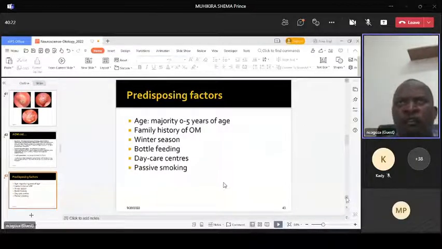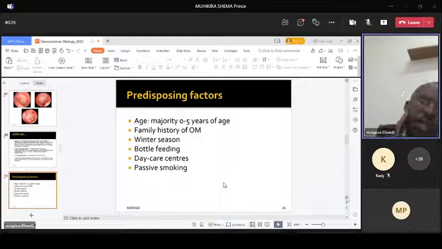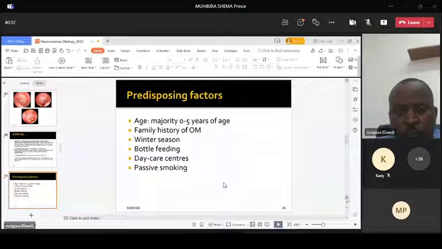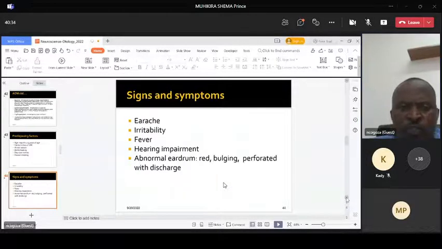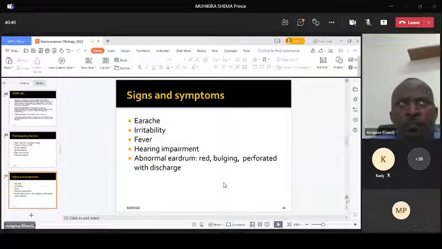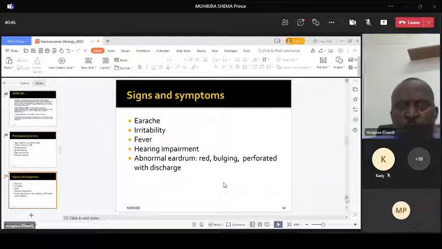Smoking, of course: living in an area where there is smoking, research has shown, may lead to risk of otitis media. Those are some factors; you can choose one or the other, but not all of them are really associated with acute otitis media.